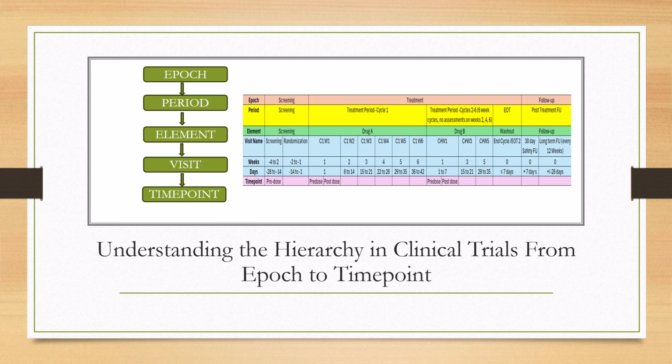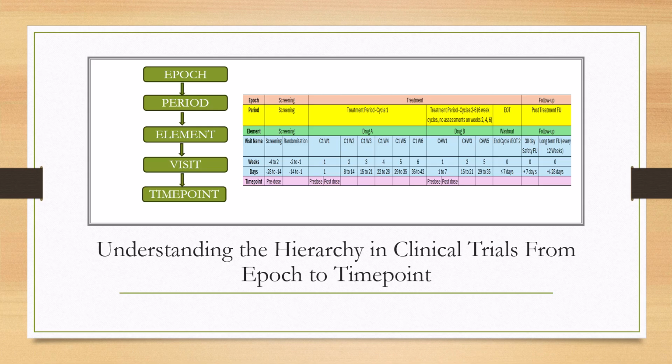There will be no assessments on week 2, week 4, and week 6 of cycle 2 to 6. So that's why we only have the 3 visits defined in the visit schedule for cycle 2 to 6. The week 1, week 3, and week 5 will be there, in which drug B will be administered. So for this duration, the element will be drug B.